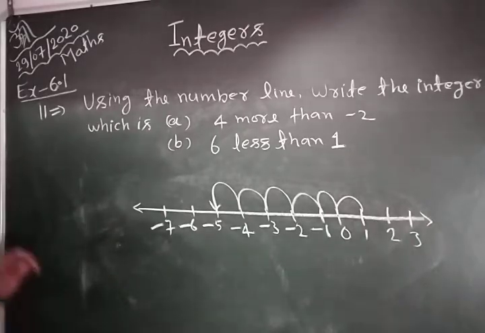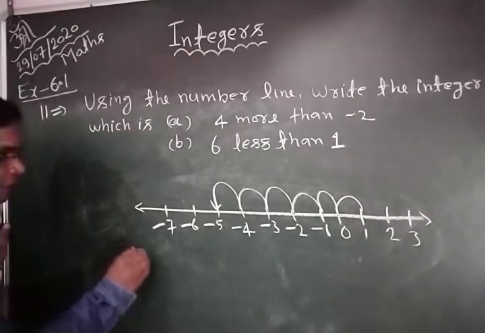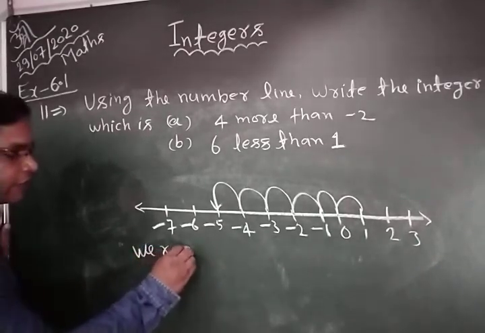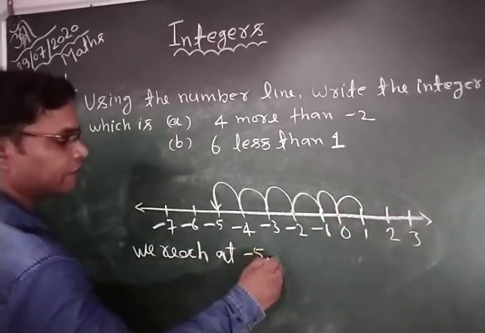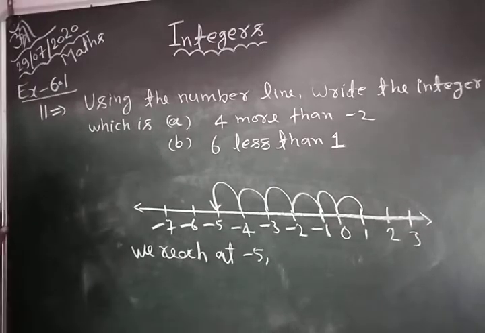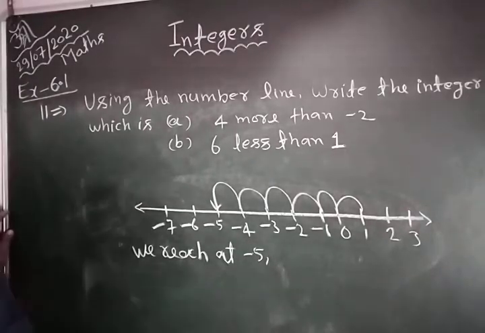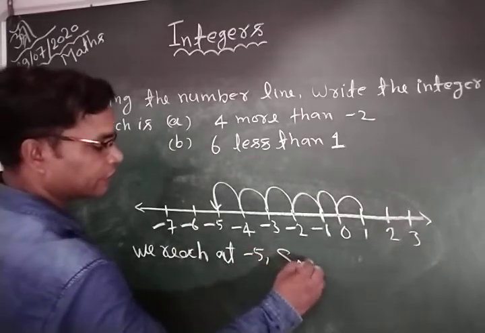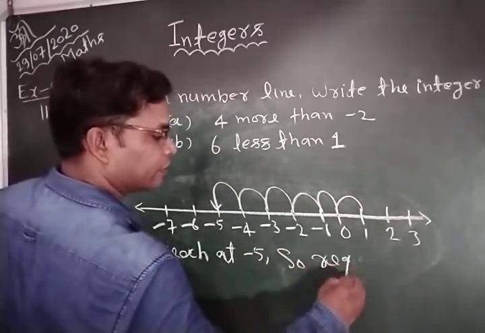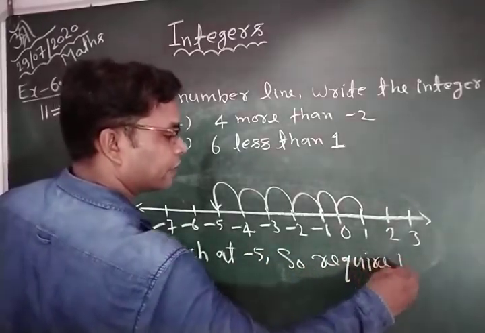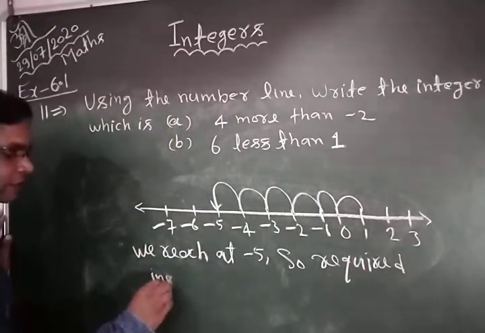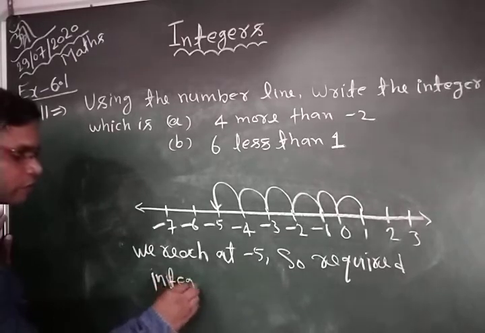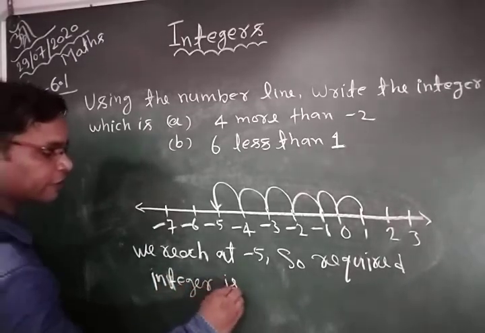You can write here: we reach -5, so the required integer is -5.